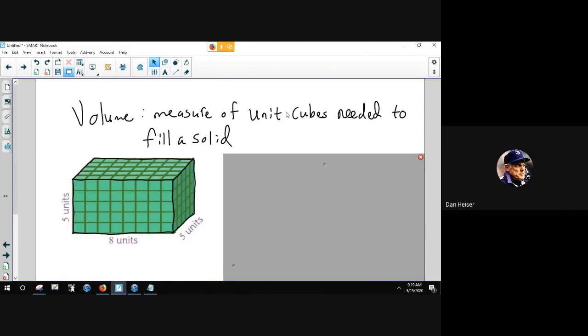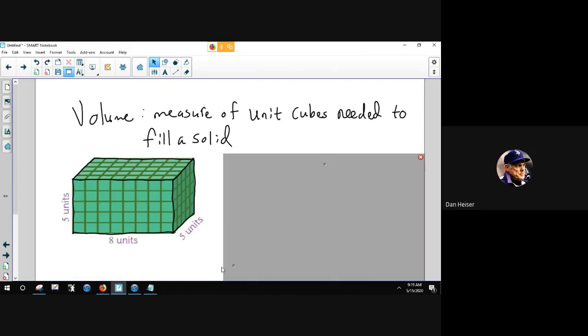Here's one example. I've outlined a prism in black. Cutting that prism into individual unit cubes would tell us how much space is inside that prism. Each unit cube would measure 1 by 1 by 1.